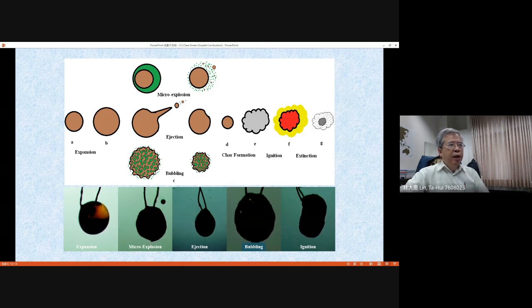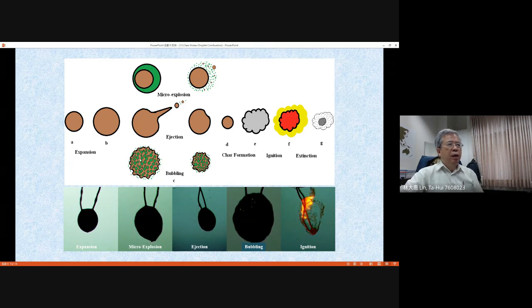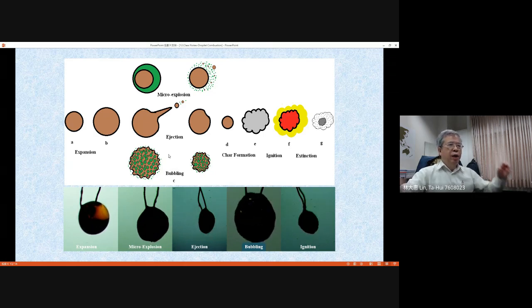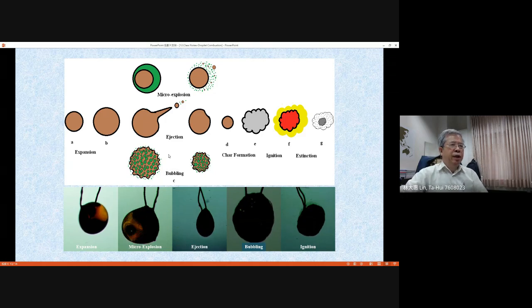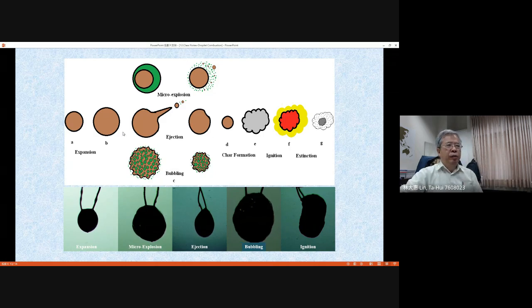Since the whole mixing is not homogeneous, the bubbles of water vapor occur in different locations. You have so many bubbles. Those bubbles can penetrate through the boundary of your droplet, and the whole size of your droplet will become smaller if some of the vapor comes out.